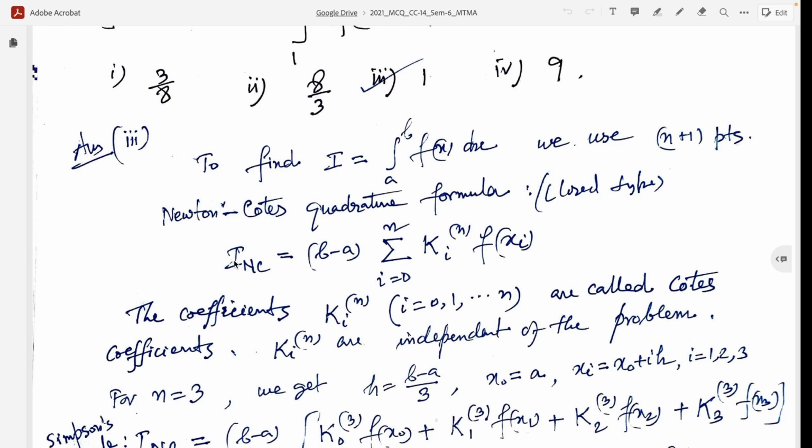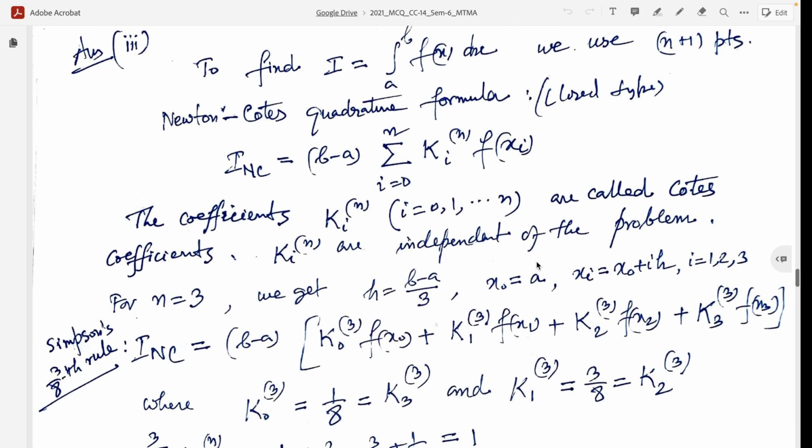It is I Newton-Cotes equals b minus a summation i equal to 0 to n of capital K i n f xi. This is the Newton-Cotes formula, where the Cotes coefficients K i n, with i running from 0, 1 to n, are independent of the problem.